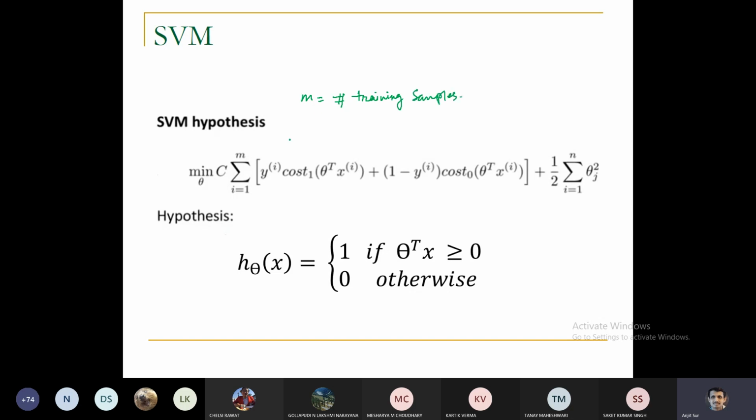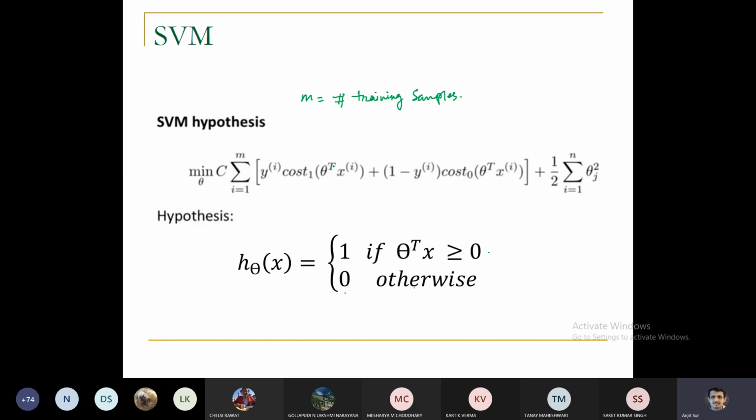And this is y_i cost 1 of theta transpose x plus 1 minus y_i cost 0, as we just mentioned, and the half is the normalization. Now what is the hypothesis? h theta is equal to 1 if theta transpose x is greater than or equal to 0, and 0 otherwise. So this is the basic hypothesis, this is the hypothesis function, and this is the cost function. So this is the SVM we have.